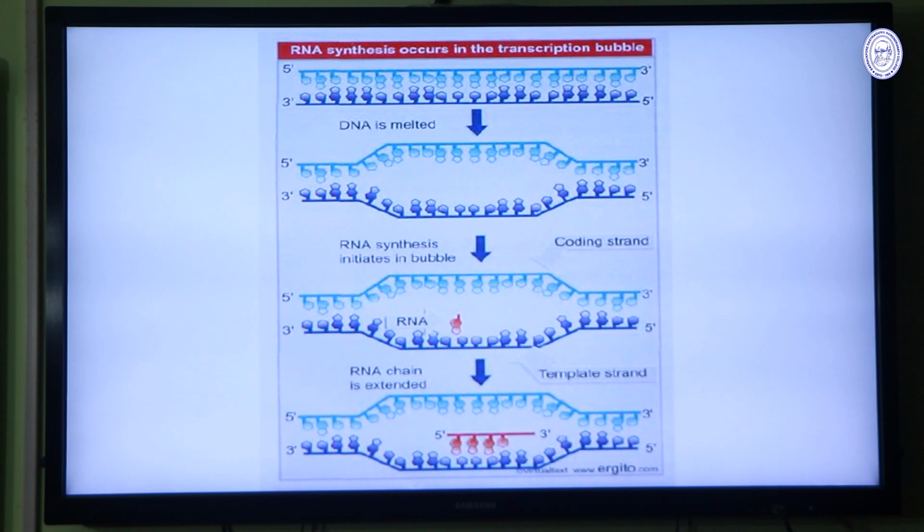So, these strands will be separated, which is called unwinding, and the first base appears at the start point region, and the phosphodiester bond is formed with the successive bases, and there is the initiation of RNA synthesis.